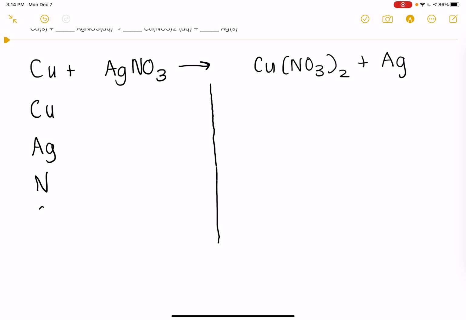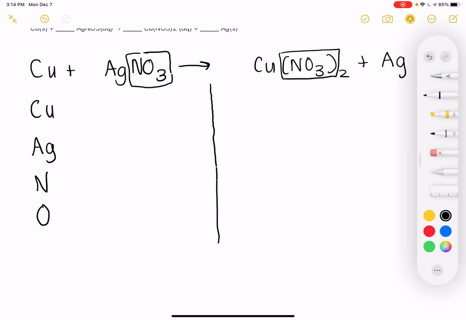You could put N and O, but because NO3 is here and NO3 is here, they're actually on both sides, so we can just balance NO3 together. We don't need to separate it into its nitrogens and oxygens. We can just write NO3.